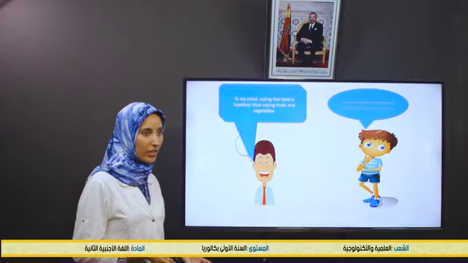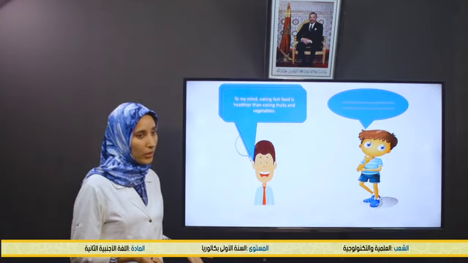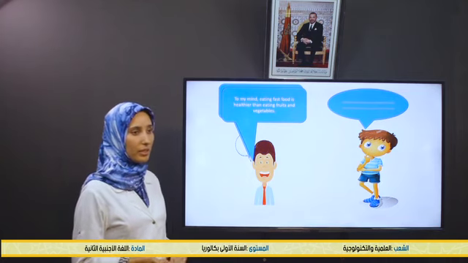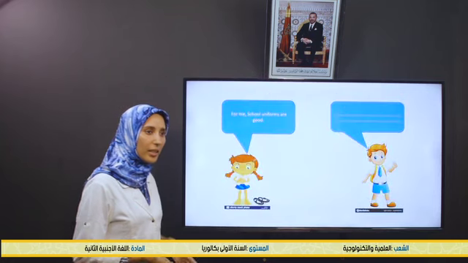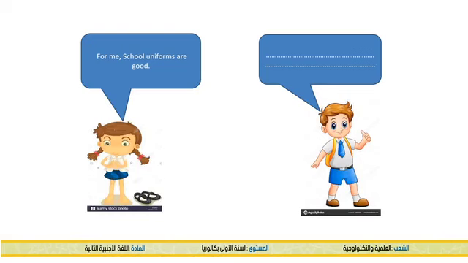Is it healthier, or it's bad, or it's good? We don't know. You have to give us your opinion. And the last one, from the picture, they are talking about school uniforms. So are you ready to go to answers? So let's move to answers.